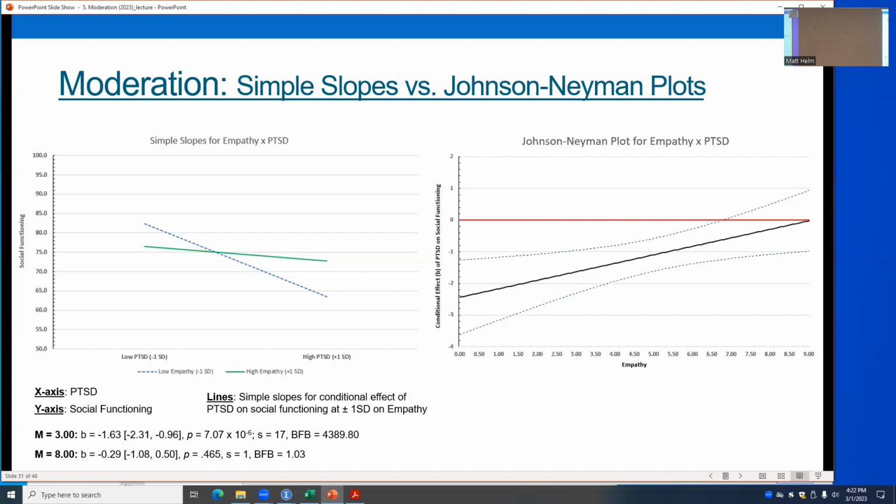And so what I can do is I can say, okay, well, at a standard deviation below, which is equal to 3, here's my association. This is the point estimate for my relation of PTSD and social functioning. It's negative, so I have a negative value. And do I have evidence for an effect here at this level based on those confidence bounds?